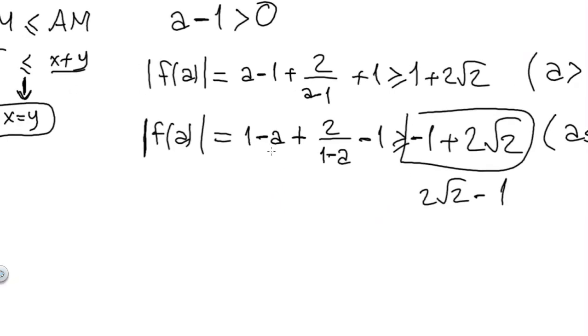And like I said, it's equal when this thing is equal to this thing. So 1 minus a is equal to 2 over 1 minus a. So it's just a minus 1 squared: a squared minus 2a plus 1 minus 2, so it's going to be minus 1, equal to 0.